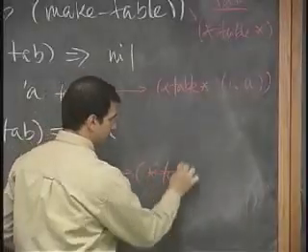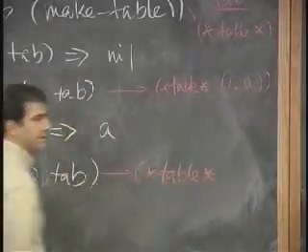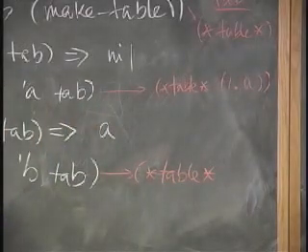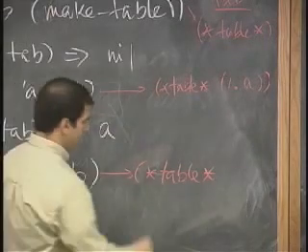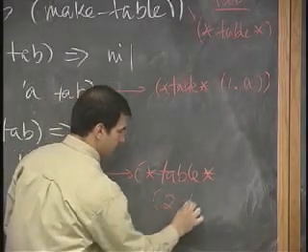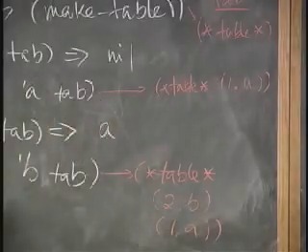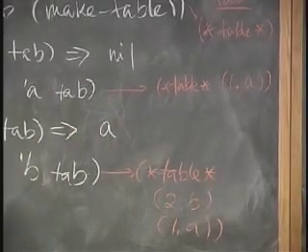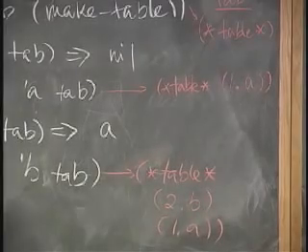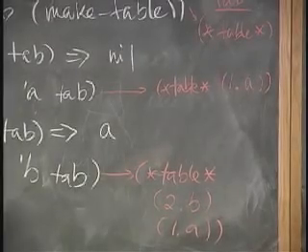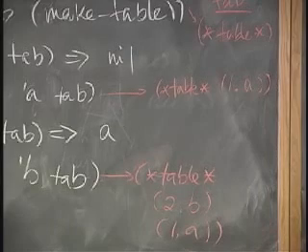Star table, star. We said that things get added in reverse order. So this will be 2.B and 1.A. Clear enough? Good. It's tables.